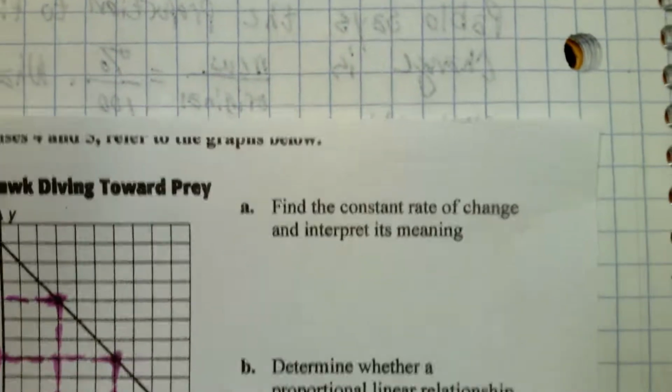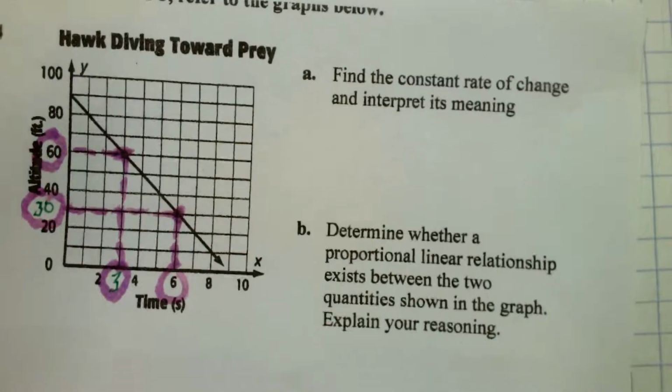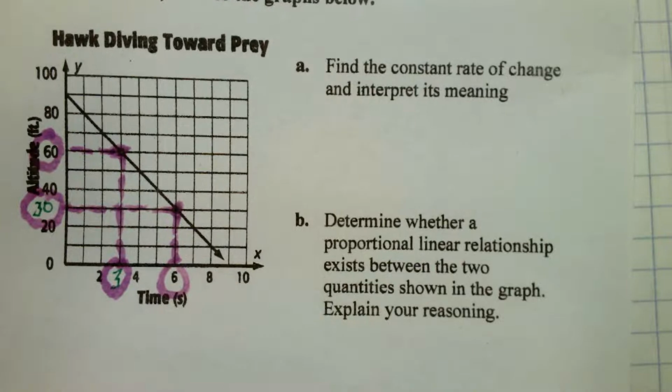Okay. So what did we get for the y value? Oh, that's the x value, but I'll take that. And 30. So for the x value, it is 6. For the y value, it is 30. Okay. So let's see here.